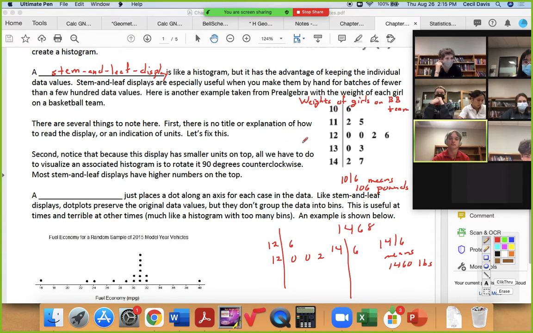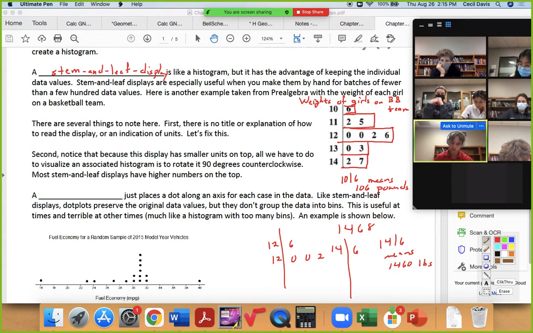One other thing to notice is that with this one, since I have the smaller values at the top and the larger values at the bottom, if we were to rotate this 90 degrees counterclockwise and draw the appropriately sized bins around them, you have a histogram.